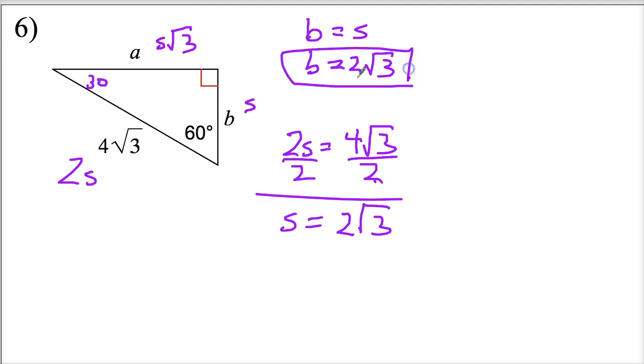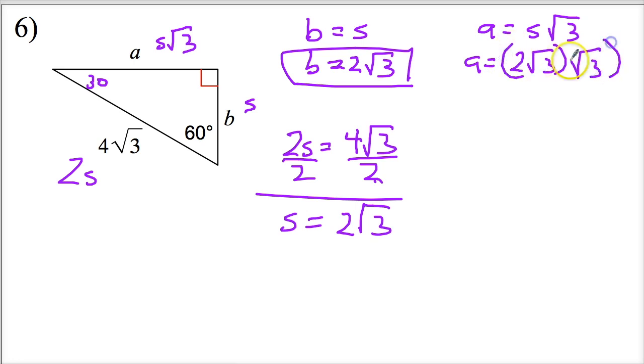So there's b. Now I need to find a. A is s times the square root of 3. So I can write that here. Now b is 2 times, or the s length is 2 times the square root of 3, so that means it's 2 times the square root of 3 times the square root of 3.